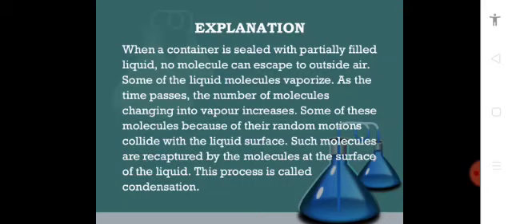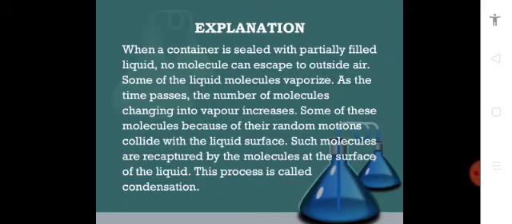Some of these molecules, because of their random motion, collide with the liquid surface. Such molecules are recaptured by the molecules at the surface of the liquid. This process is called condensation. When the molecules are heated, their kinetic energy increases, and when they convert to the vapor form, due to the increase in kinetic energy they move randomly.